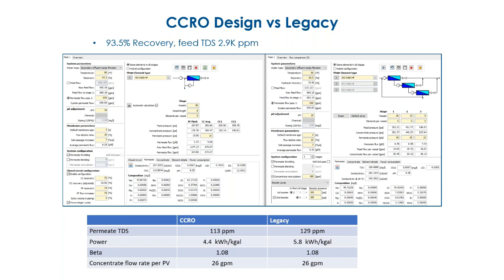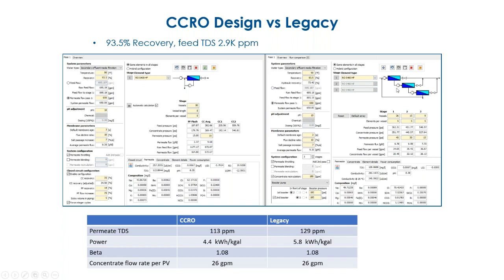The beta and the cross flow rate, I managed to get them the same, but for CCRO, to decrease your beta and increase your cross flow, you just go into your cycle recovery, which directly controls your circulation pump. It's independent of recovery and everything else. So I just dial that at 35%, and I can get as much cross flow as I want. You can change that set point on your iPhone or your smartphone.